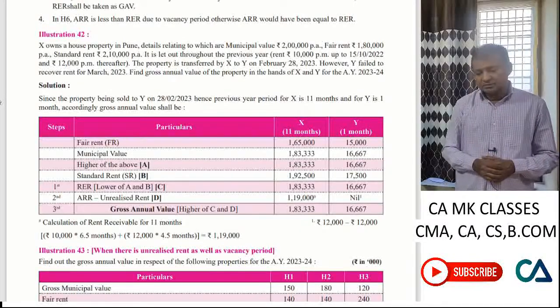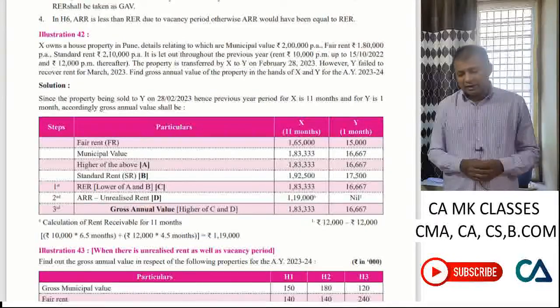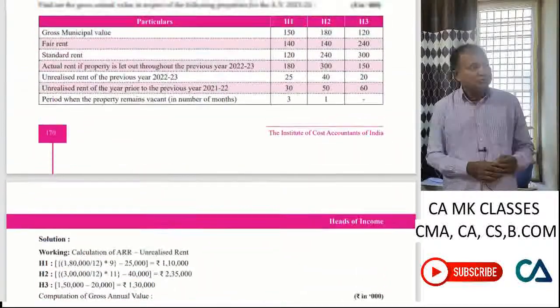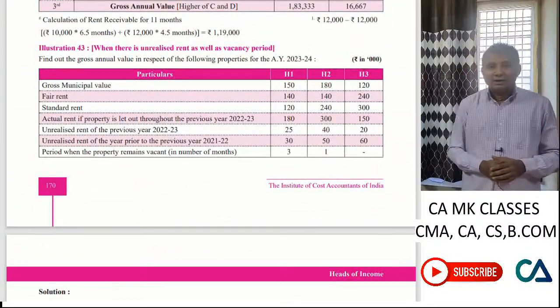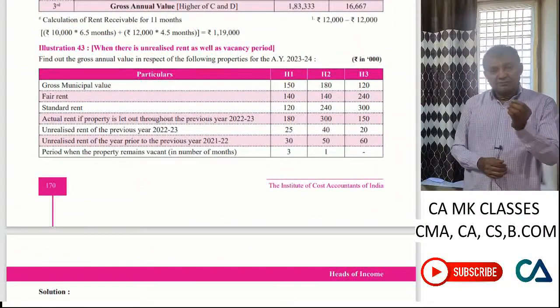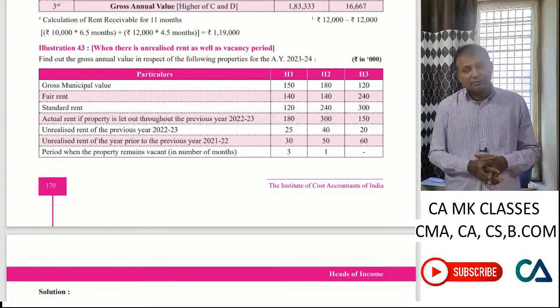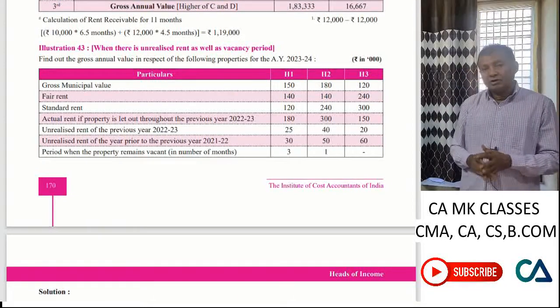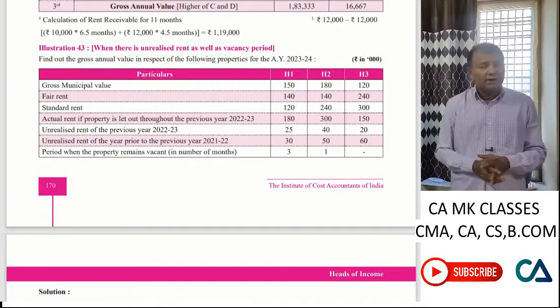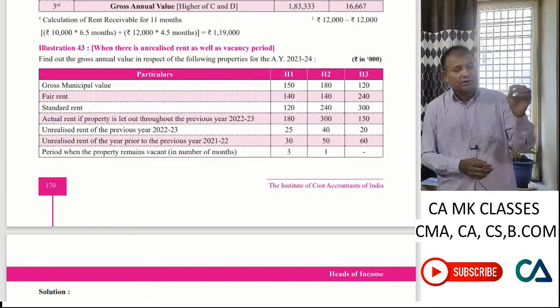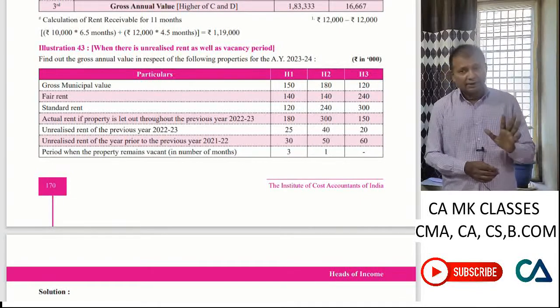Then please see question number 43. This is illustration 43, where there is unrealized rent as well as vacancy. Unrealized rent of the current year is deductible from the annual rent, and vacancy is also deductible from annual rent, so that we can find out the actual rent.